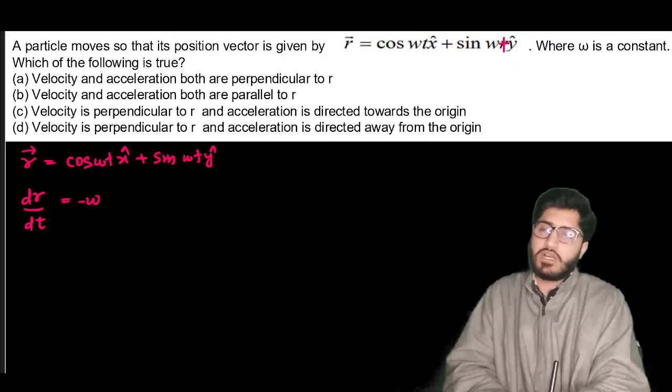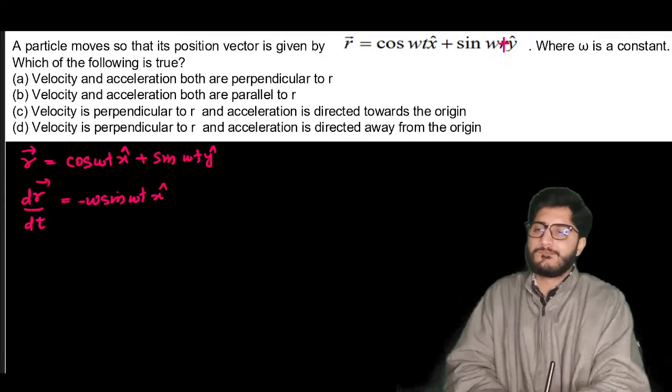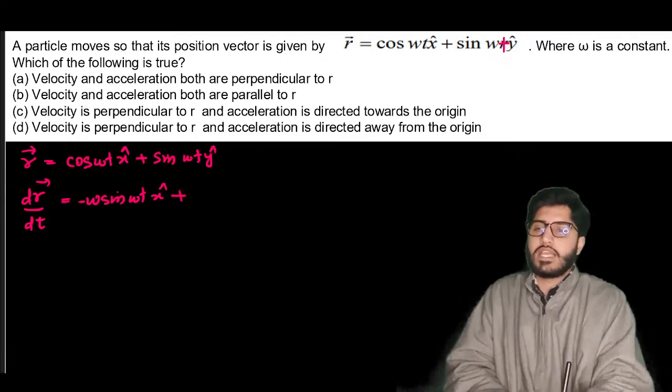So I can write minus omega sin omega t x cap. Clear? There is no issue. Plus sin, I can take omega, and it will be cos omega t y cap.